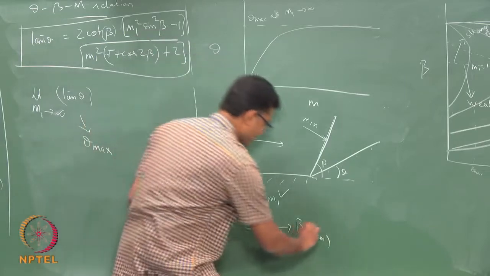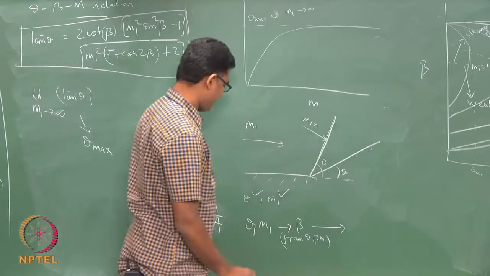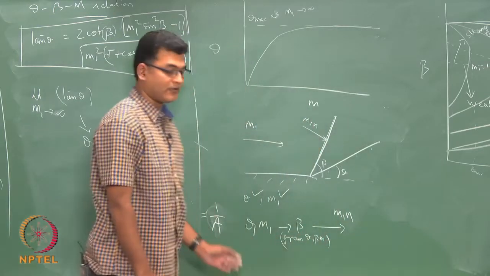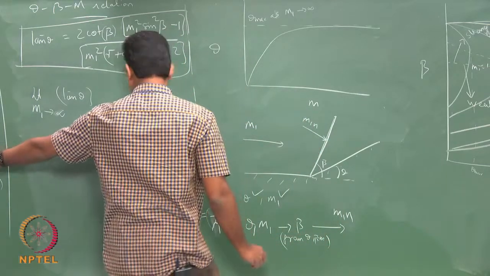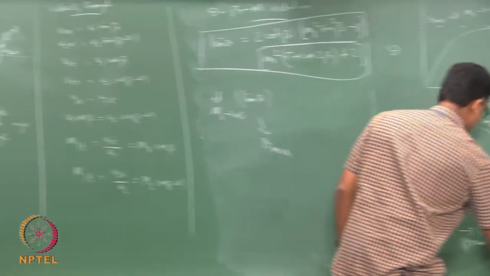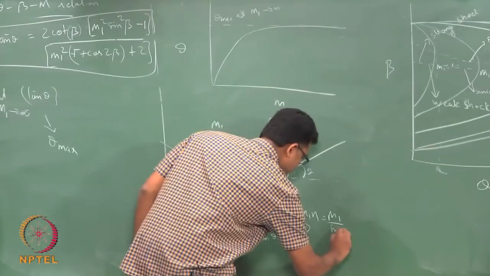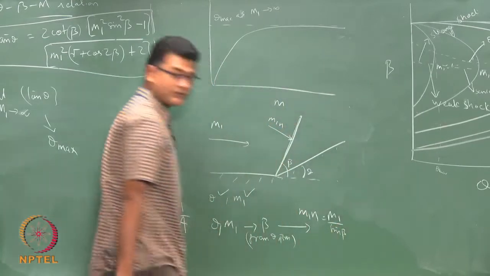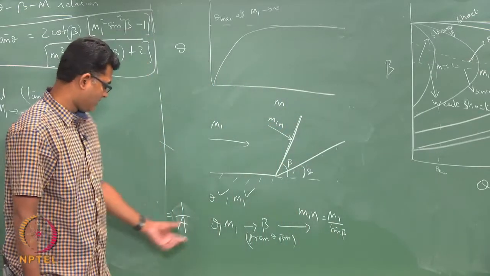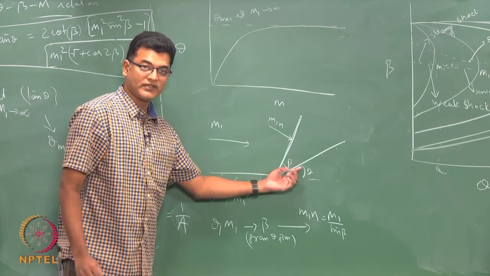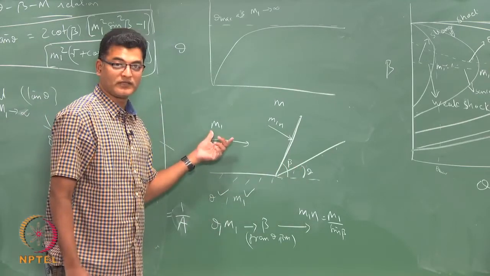The moment I know beta, I can find M1n. M1n is nothing but M1 sin beta. Okay. So, if I have a ramp, theta is given, M1 is given.